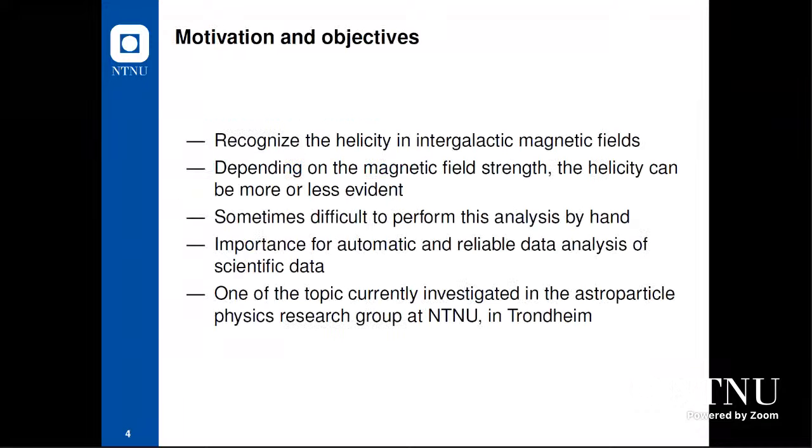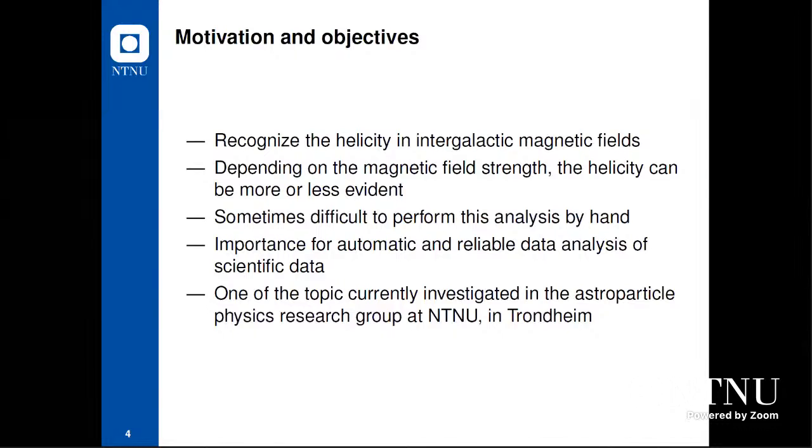So the idea of this project is to recognize the helicity sign in the intergalactic magnetic field, and this sign can be positive or clockwise, negative or counterclockwise, or zero. And it is also important to consider that the magnetic field strength can have several values according to physics.